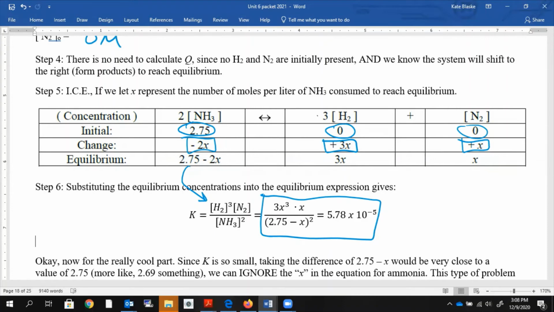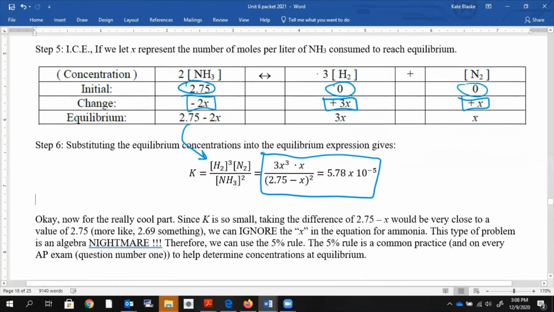We have this thing called the 5% rule. If we look at these numbers, whatever x is, because K is so small, whatever I solve x out for is going to be really small. And when I subtract it away from the 2.75, it's not going to make that big of a difference towards my answer.